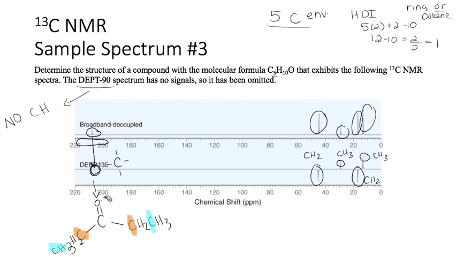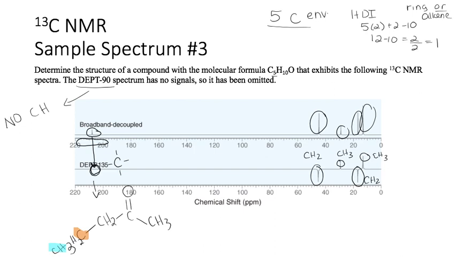Since I have 5 different environments, I cannot have this much symmetry in my molecule. So what I need to do is figure out where to place this carbonyl to get rid of this symmetry. What if I switch the location of this carbonyl with the location of this CH2? Now I'll put my CH2 in this position and my carbonyl in this position.